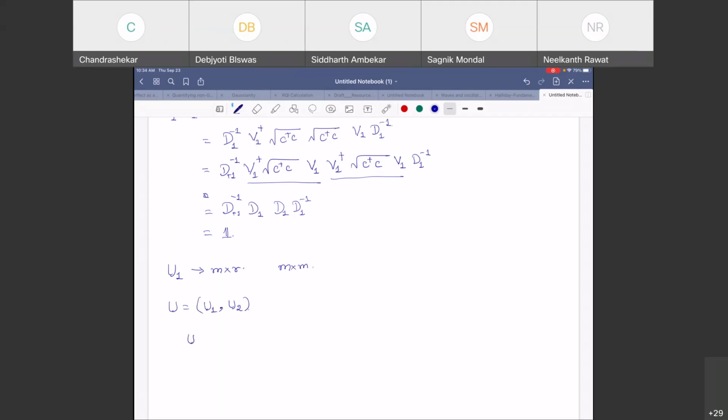Now U D V dagger is equal to U1, U2 times D1, which is the non-zero part, and the other part is 0, and then V1 dagger, V2 dagger.